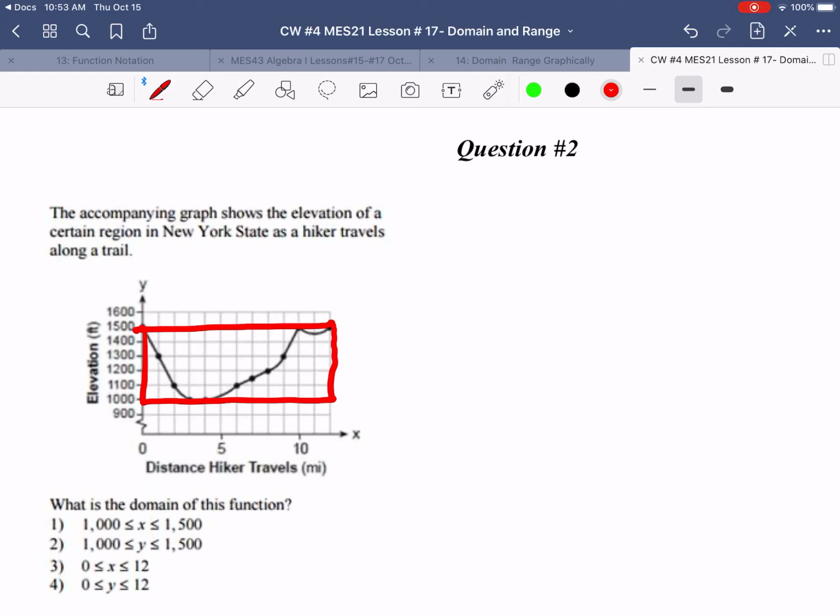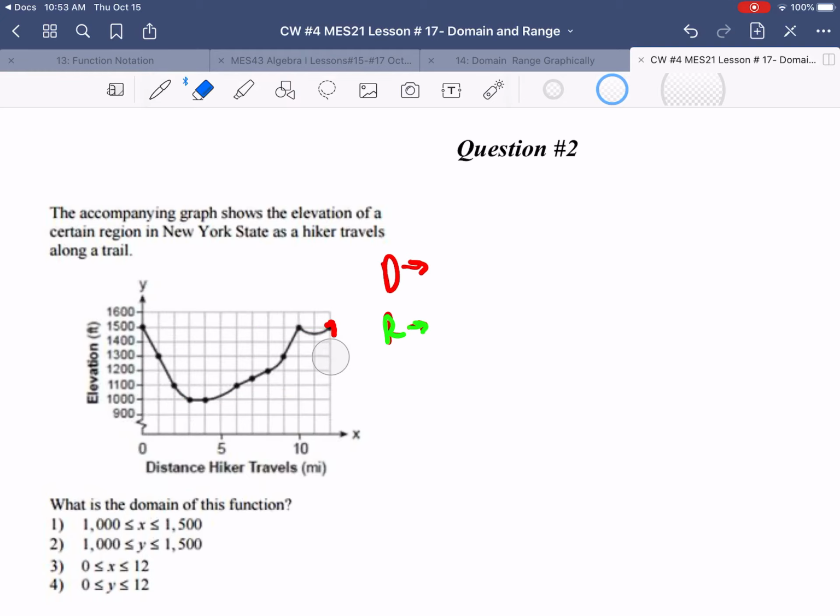We'll use that again during range, but this will help you with domain and range. It shows you where the y values are and the x values. So that's the rectangle method. I'll do that with the next one because I want to just find the domain for this question.